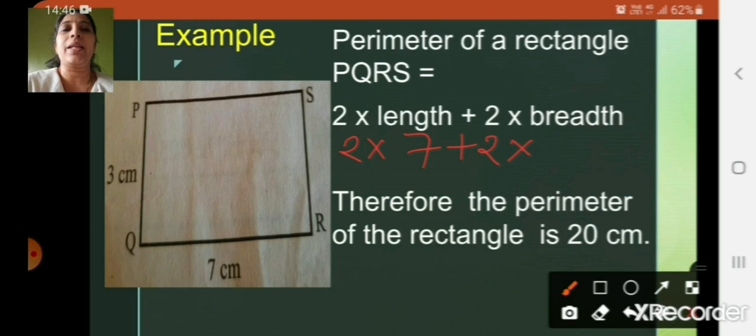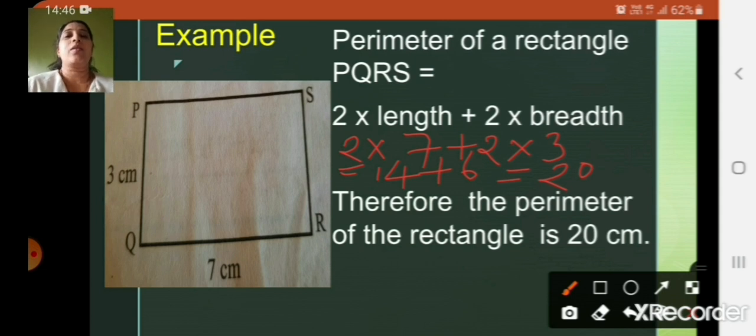What is the breadth? It is 3 centimeter, right? Now what is 2 sevens? 2 sevens are 14. And what is 2 threes? 6. So 14 plus 6 is equal to 20, right? So therefore the perimeter of the rectangle is 20 centimeter, right?